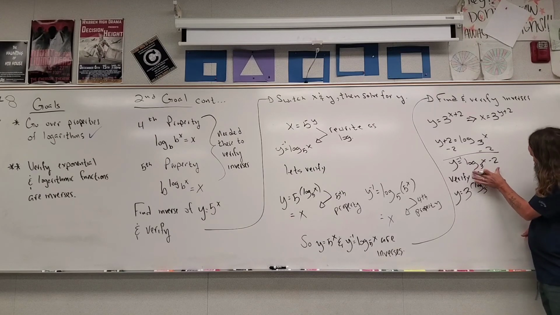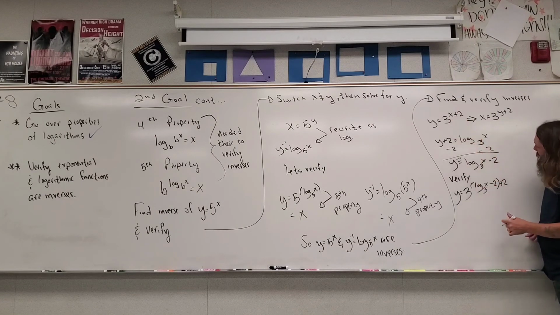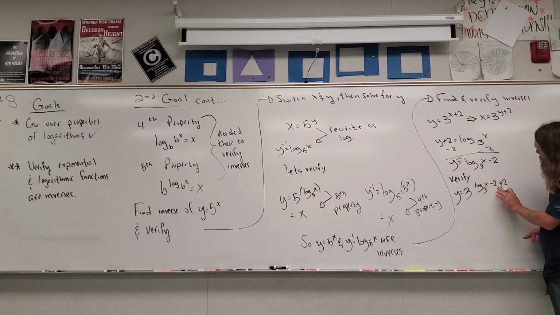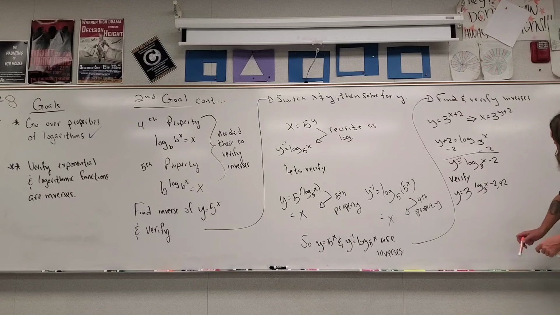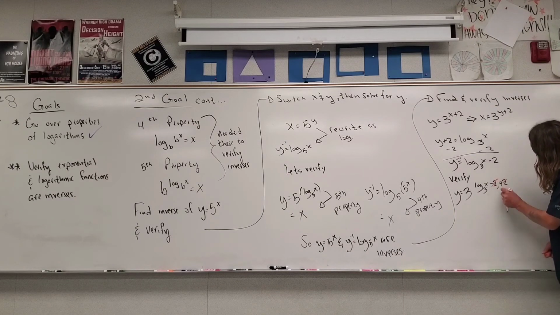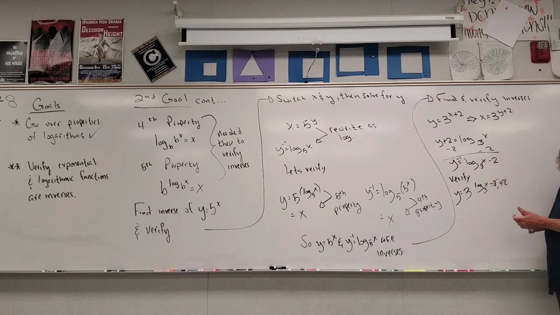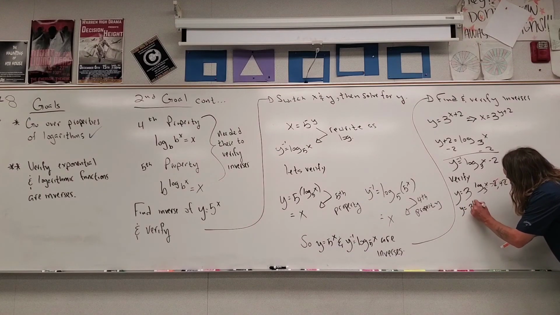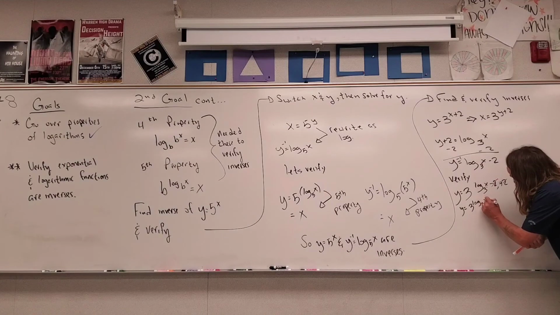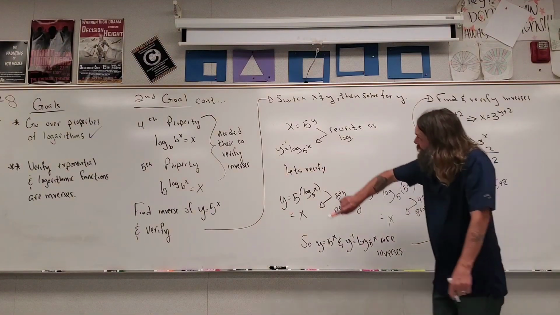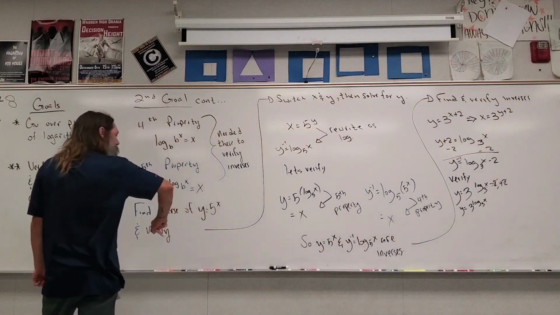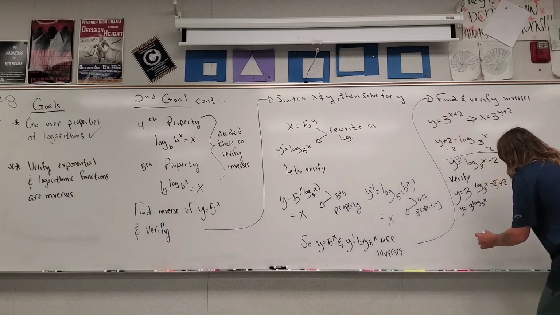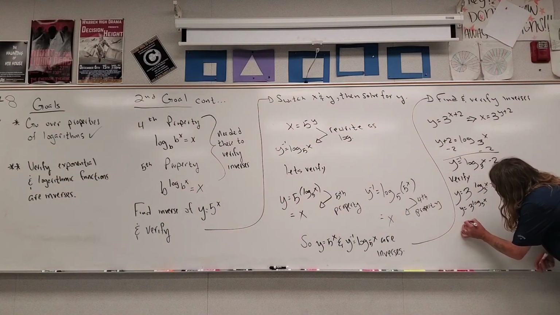So I'm replacing this with that x. Now I can eliminate the parentheses, and I can cancel this out because minus 2 plus 2 goes away. And now I get y equals 3 to the power log base 3 of x. And again, we've got the fifth property, and so I can replace that whole thing with x.